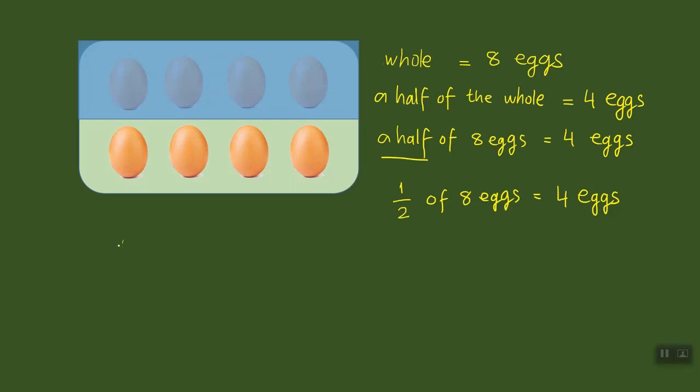A half of the whole, a half of this 8x, is actually the same as, you can say it as a division sentence, something divided by something. Can you think what is this?